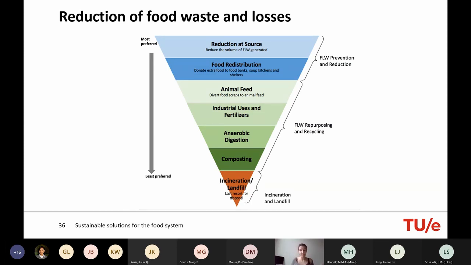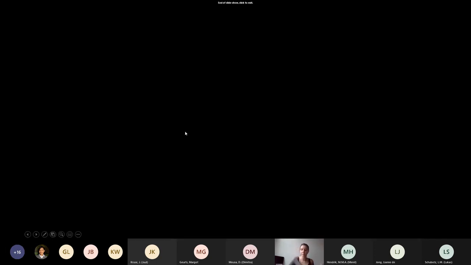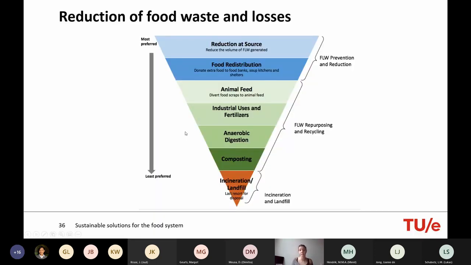We can repurpose or recycle things by using them in animal feed, in industrial production steps or as fertilizers. We can use anaerobic digestion to recycle things, or composting. And the last thing we can do to dispose of things is incineration or using landfills.